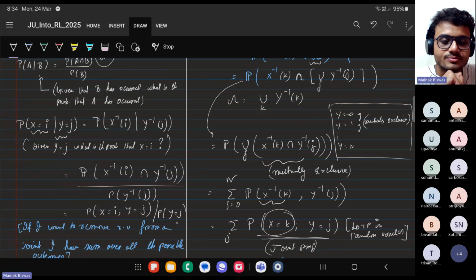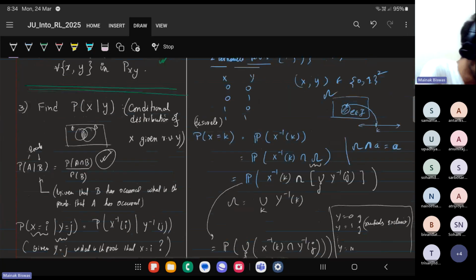Any question? We'll solve questions and it will become clear, but is the approach okay? It's like the same thing, probability of X comma Y given probability of Y.